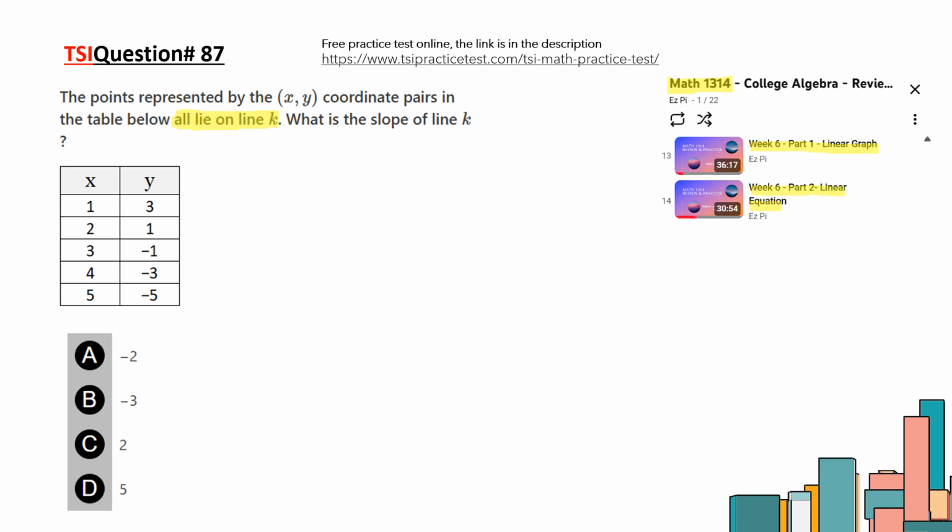Okay, so the slope, that's what they ask. As you know, they give us 1, 2, 3, 4, 5 pairs, right? But you only need 2. Why?